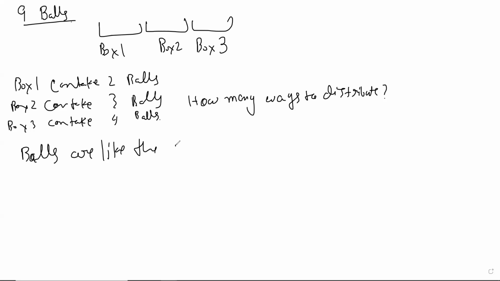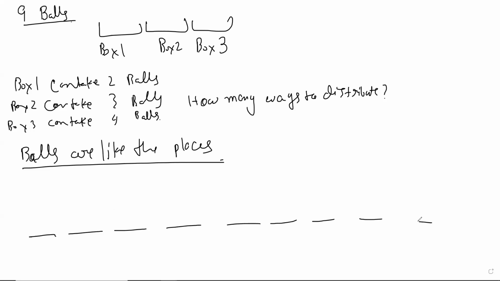Balls are like the places. So there are like 9 places. It is strange to think the balls are places, but balls are places here. Ball 1, this is just to see the connection, ball 2, ball 3 and so on till ball 9.